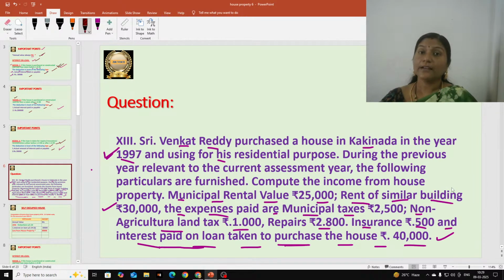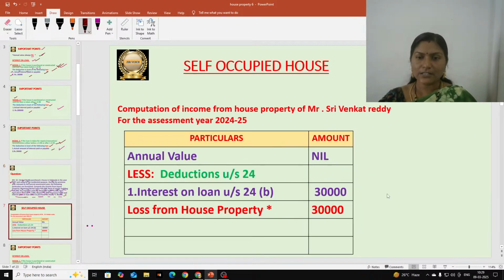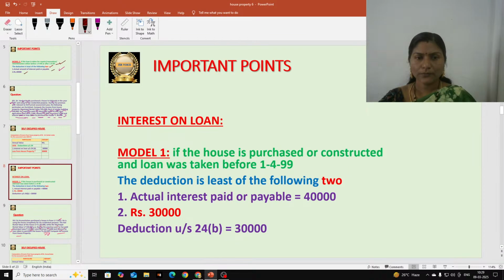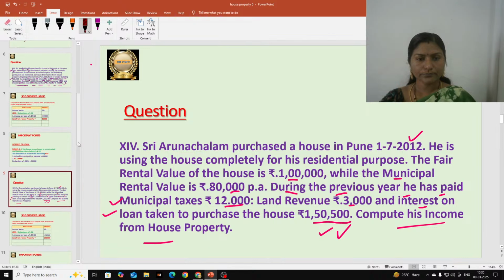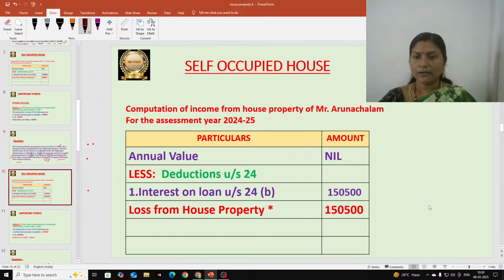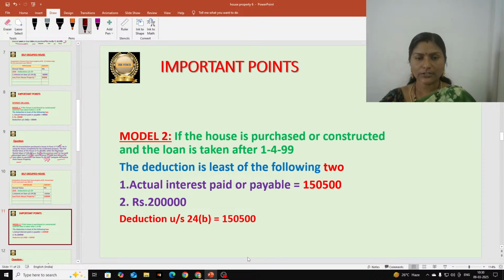Next we discussed this first question. Today I discussed with you 3 problems for self-occupied house, students. This is the first one that I discussed with you, and this is the solution that we did, the format, as well as the working notes for that. So for the first question, these two are the answers, first format and next working notes. Next, this is the second question, students, that I discussed today, and this is the solution for that, and this is the working notes for that.